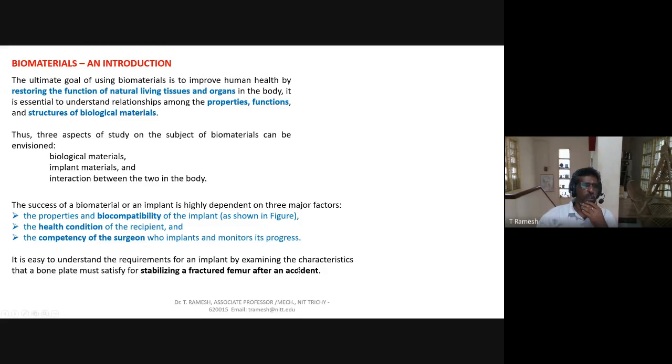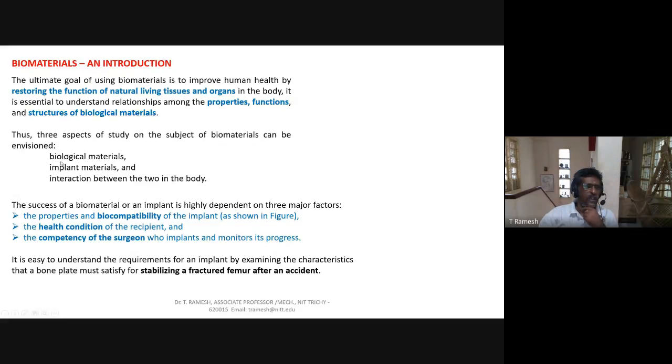So the ultimate goal of using biomaterials is to improve human health by restoring the function of natural living tissues and organs. That is very important. It should not affect the functionality of natural living tissues and organs, and it should restore the function of the natural living tissues and organs in the body. And it is essential to understand the relationship among the properties, functions, and structures of biological materials. So there are three aspects of study on the subject of biomaterials.